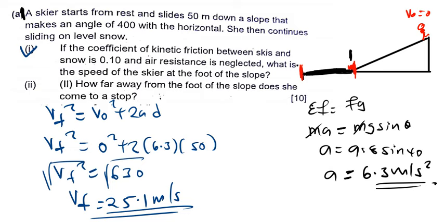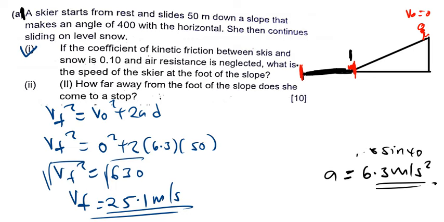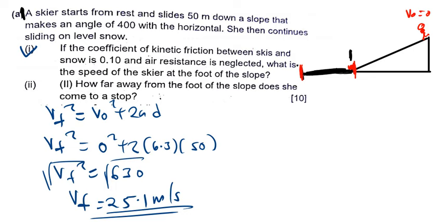Part 2. How far away from the foot? Now they're asking about the distance. So this is going to act as my initial velocity now. The final velocity is going to be 0 because it ended there. So my initial velocity now is 25.1 meters per second, and I want to find how far.